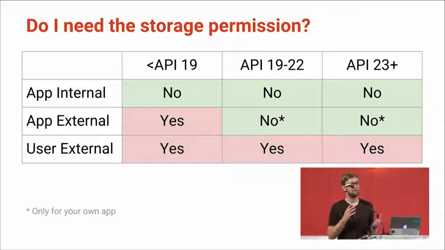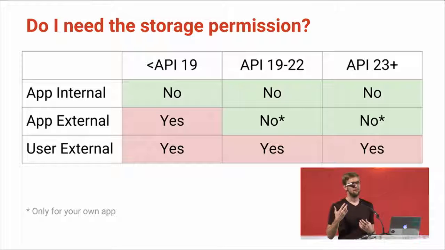So we talked about kind of what all these directories mean for the storage permission. So for those internal directories, the getFilesDir or getCacheDir, those can always be read with no permissions whatsoever. They're always going to be available to you. You can always write to them. They're great. And of course, they're auto-cleaned up when your app's uninstalled. So it's really nice for users.